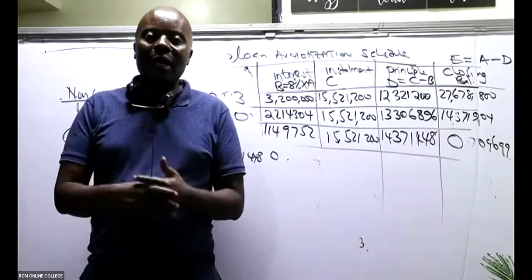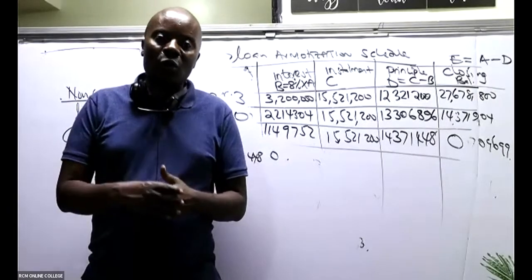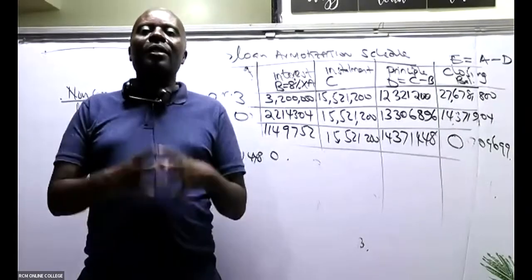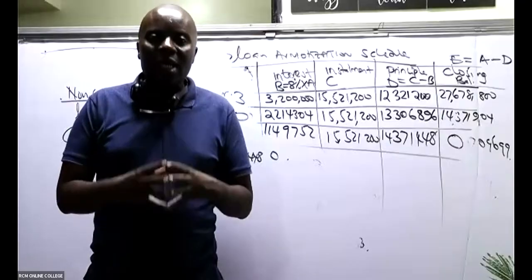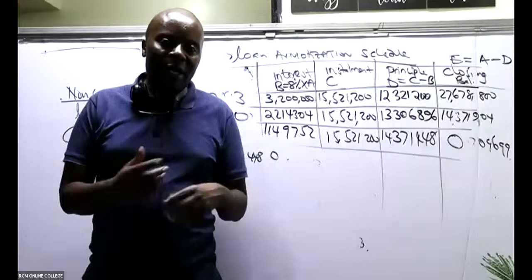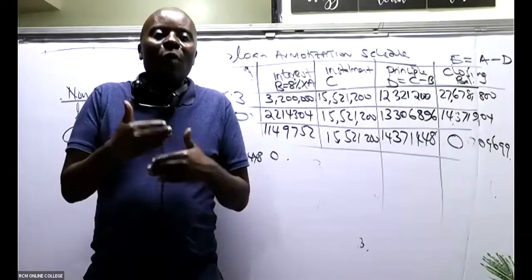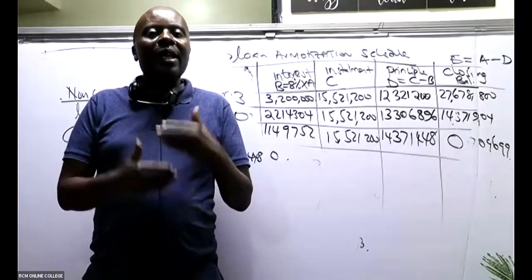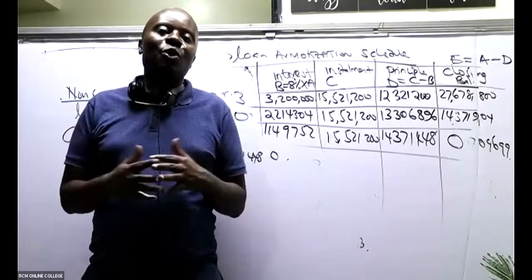I'm also left with showing you what if the lease rentals were paid in arrears. You know there is a 1+R somewhere, but you don't know how to do a loan amortization schedule for the ones paid in arrears, which I'll show you.